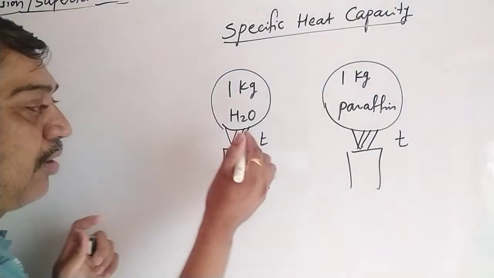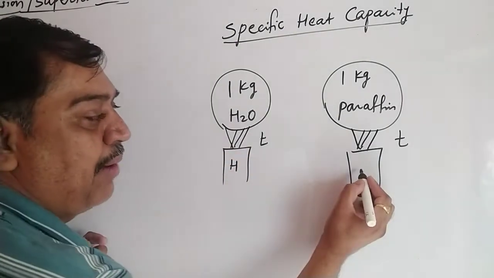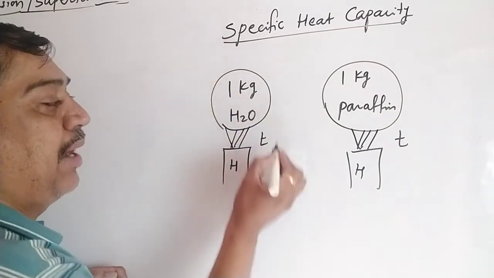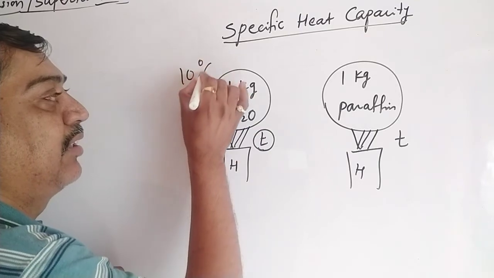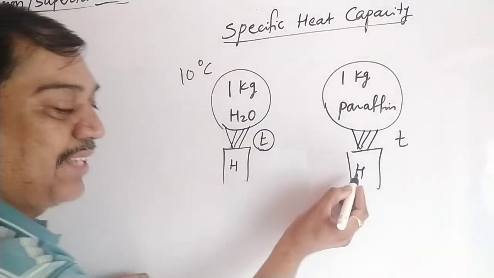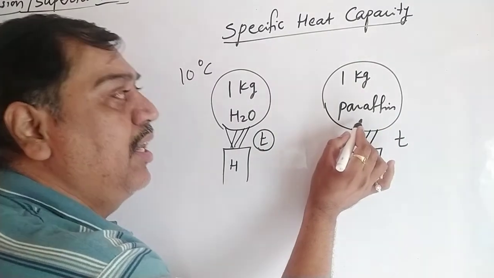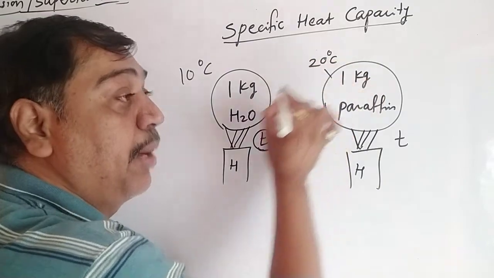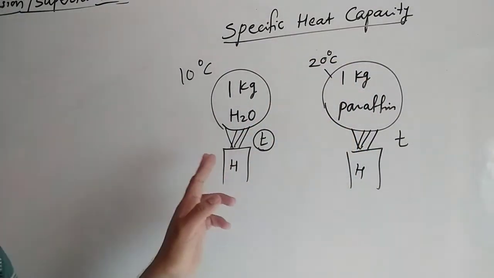Suppose in the case of water, after this time the temperature becomes 10 degrees Celsius. For the same heat and the same time period, if we give it to paraffin, its temperature changes to 20 degrees Celsius. The temperature of paraffin changes double that of water.